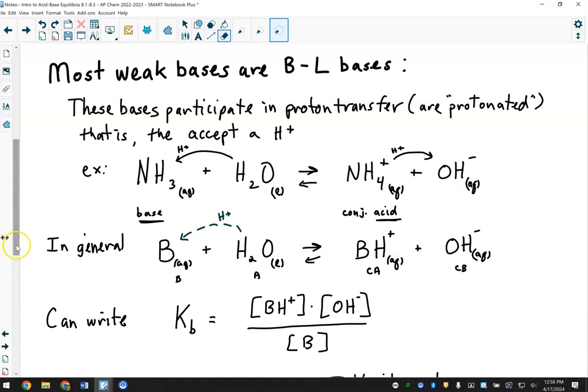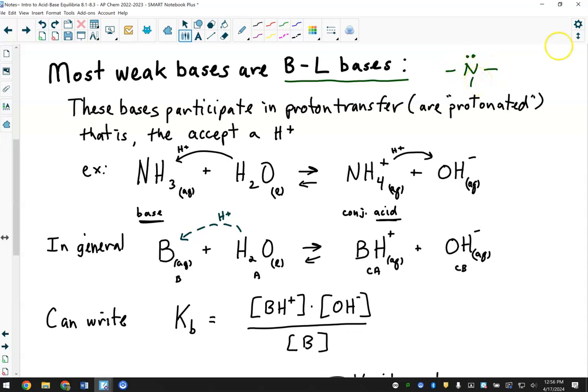The other way you can be a weak base is to be a Bronsted-Lowry base. Now, it's stated in the notes down below, most of these Bronsted-Lowry weak bases are going to contain nitrogen bonded to something.